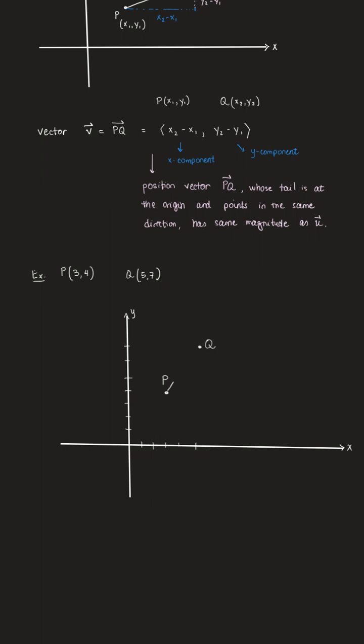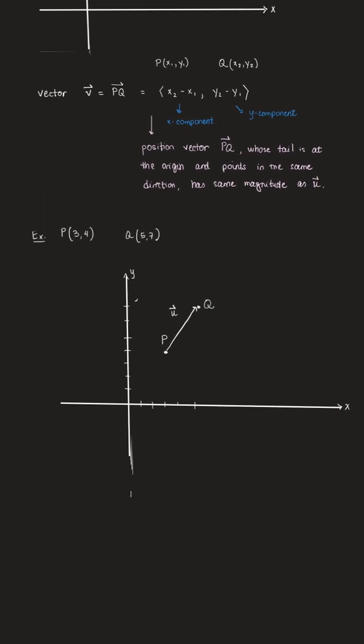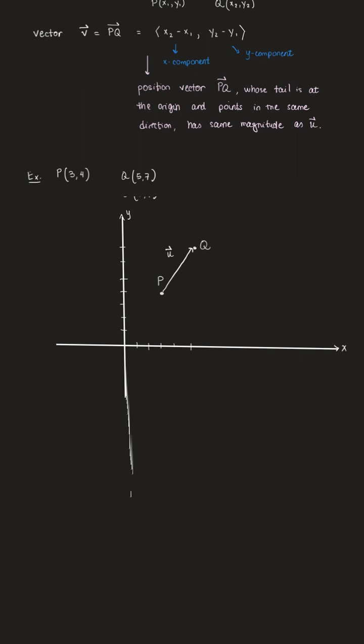And so this vector, we can call vector u. We can't call it the vector PQ. That means something else. The vector PQ is actually a position vector. It's going to be a vector that starts at the origin, and we obtain it by subtracting corresponding components.